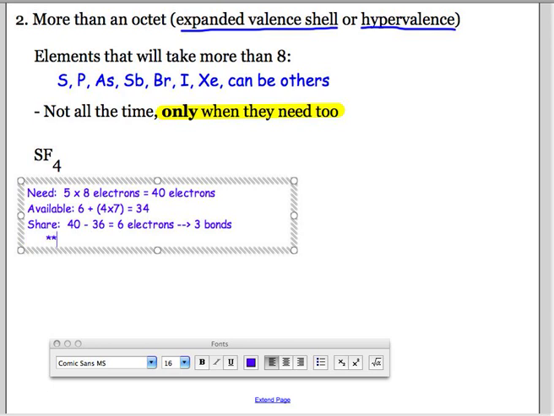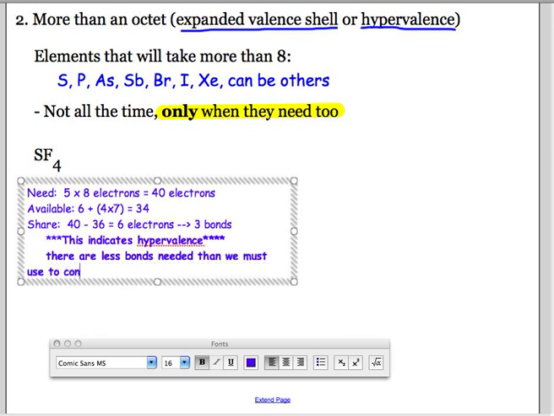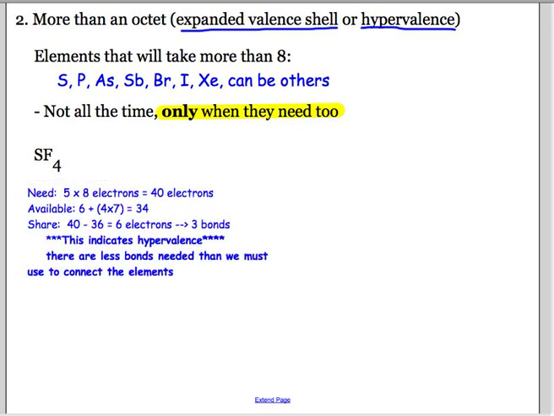And then this is where you want to make a note. This indicates hypervalence. The reason it indicates hypervalence is there are fewer bonds needed than we must use to connect the elements. What I mean by that is if we draw it, we know sulfur's in the middle.